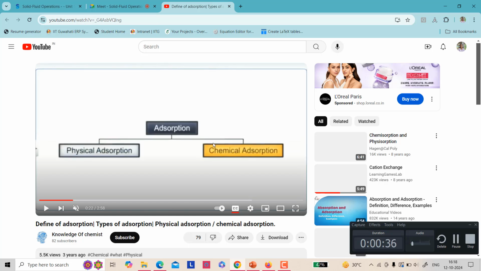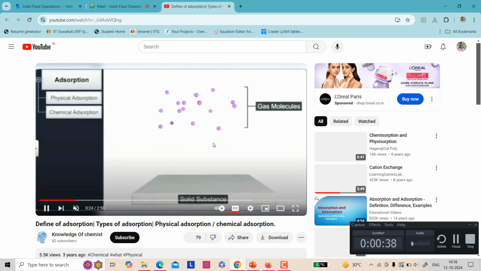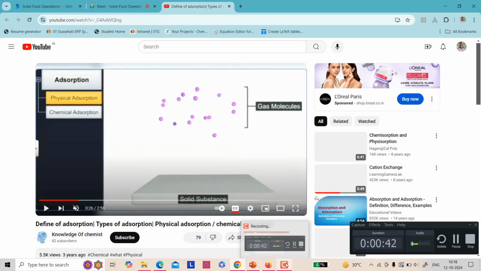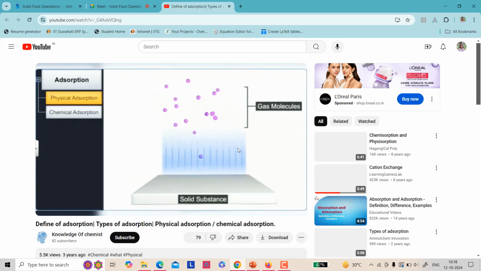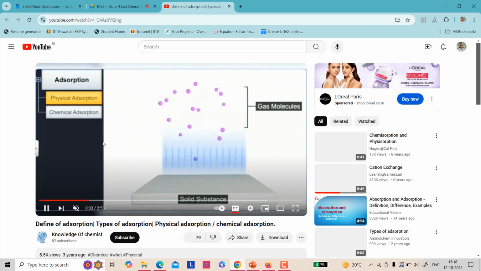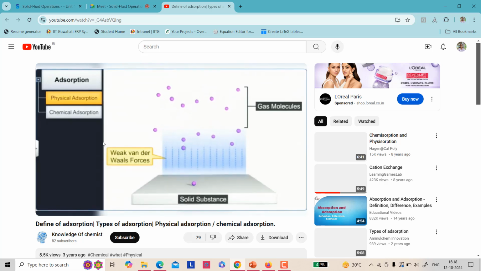Yeah. So adsorptions are of two types, obviously, physical adsorption and chemical adsorption. So we are telling the differences here. In case of physical adsorption, you see that gas molecules with van der Waals forces between the molecules are attached to the surface of the solid substance, right?